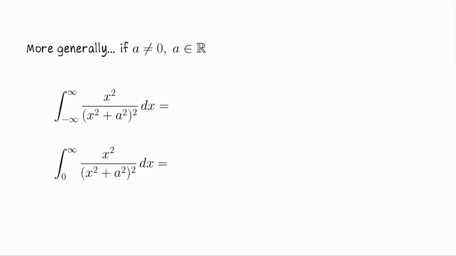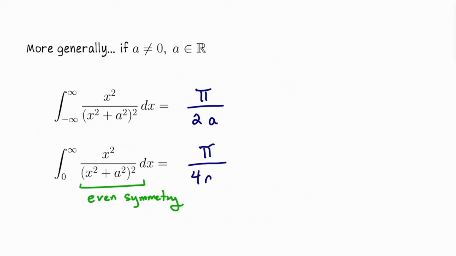You can repeat these steps to conclude that this integral, written in terms of a, will be pi over 2a. So in our example, a was 5, and we got pi over 10. And then since this function has even symmetry, if I was only interested in evaluating the integral from 0 to infinity, we would just cut that number in half. So that result would be pi over 4a. All right, that wraps up our example. Thank you for your attention.